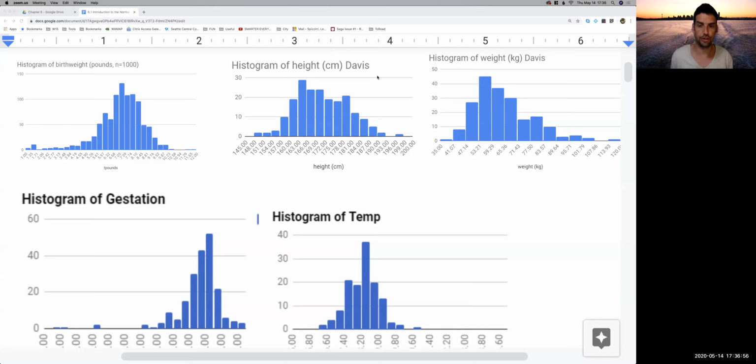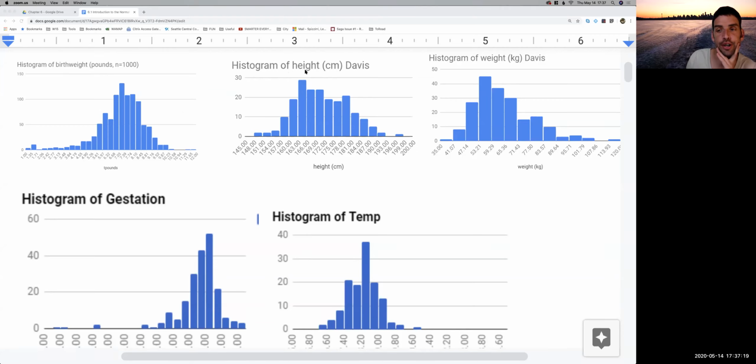So I want to start just by looking at some histograms of several different things, and really what they're of is fairly unimportant to me for this video, though they are interesting in and of themselves. I do want us to notice, though, that what we're looking at here, these histograms, this one on the upper left is birth weights in pounds.